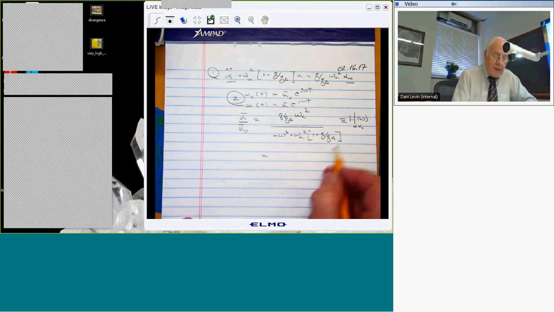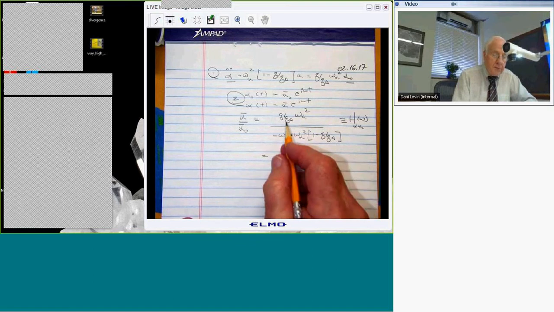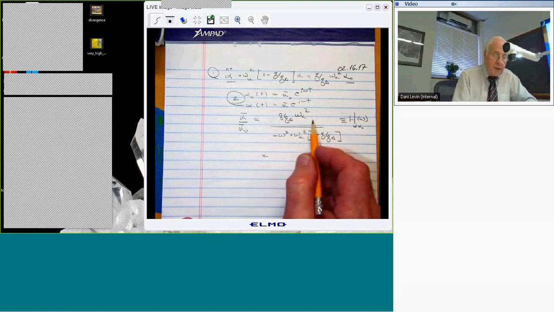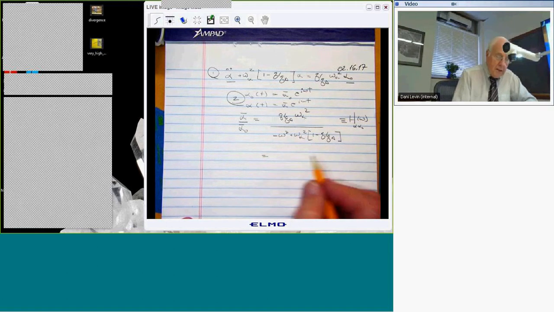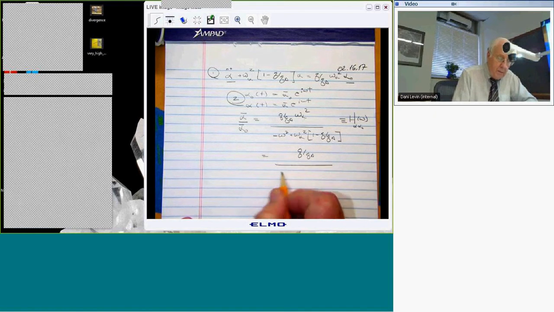But the right-hand side is also non-dimensional, but I want to make that a little more explicit by dividing the numerator and denominator by omega alpha squared, right? So we'll write this as Q over Q sub d, over minus omega over omega alpha quantity squared plus 1 minus Q over Q sub d.